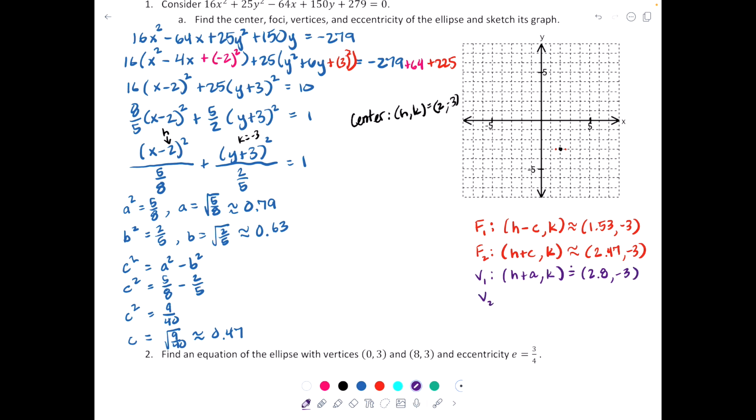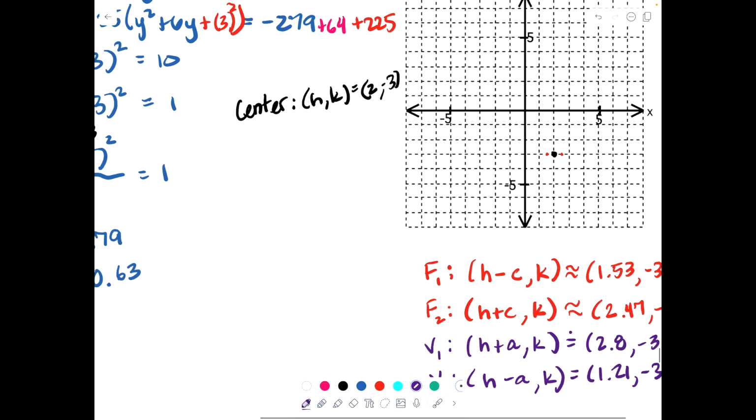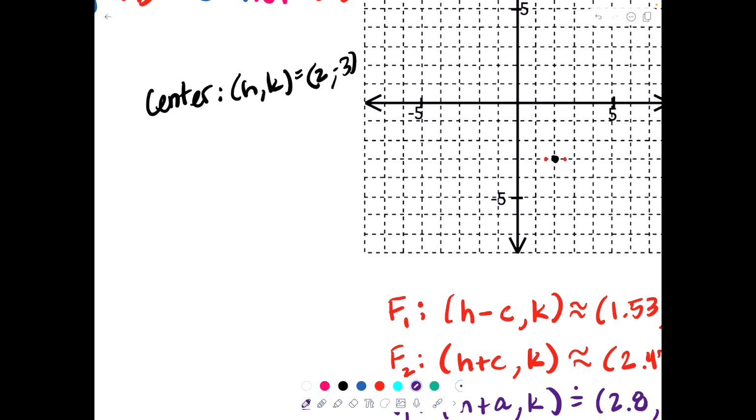And then our second vertex, H minus A comma K, will be 1.21, -3. And again, coming in close, we'll have it about here and about here. So very close.